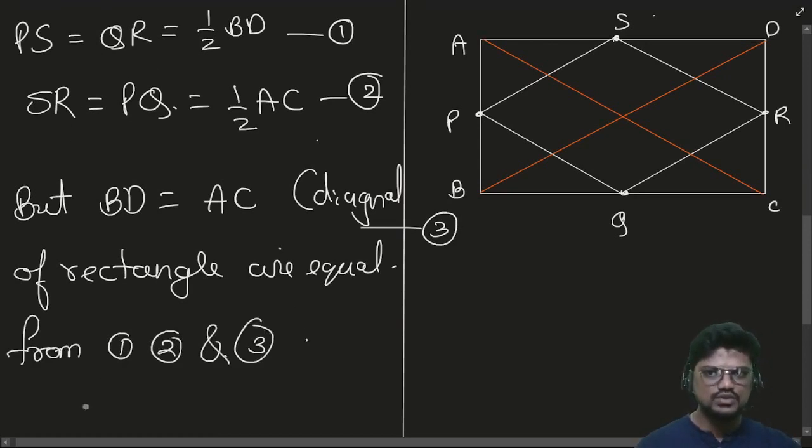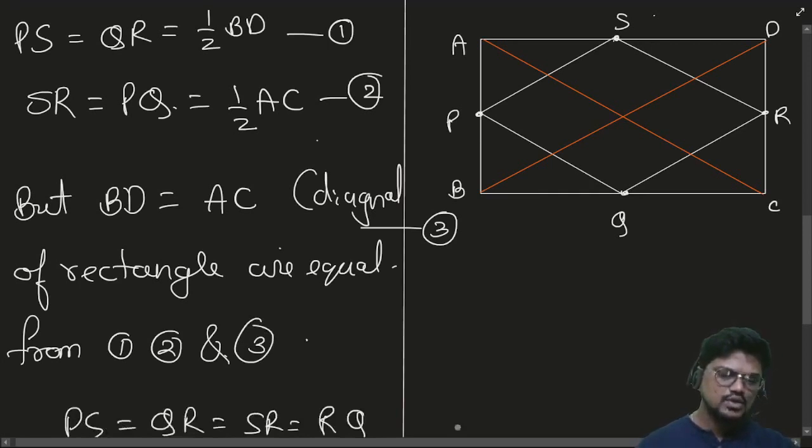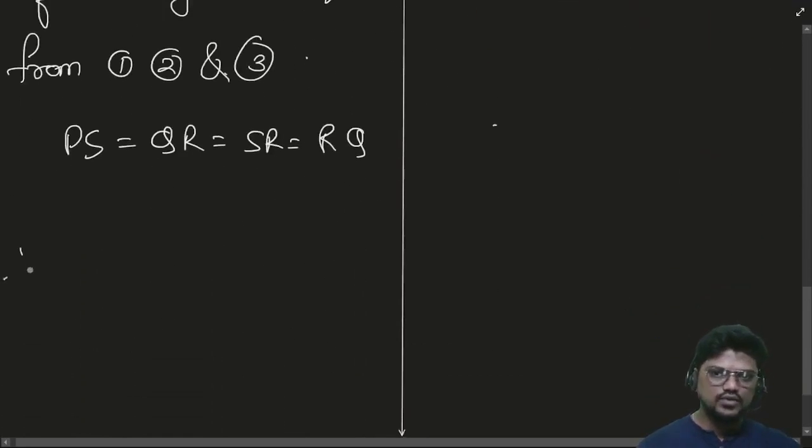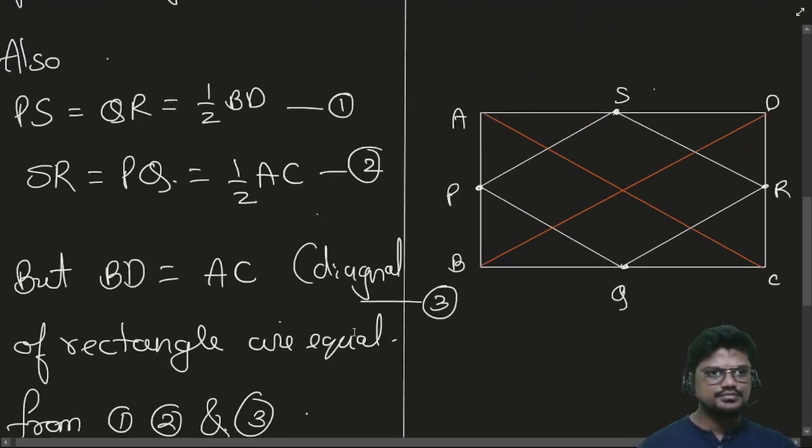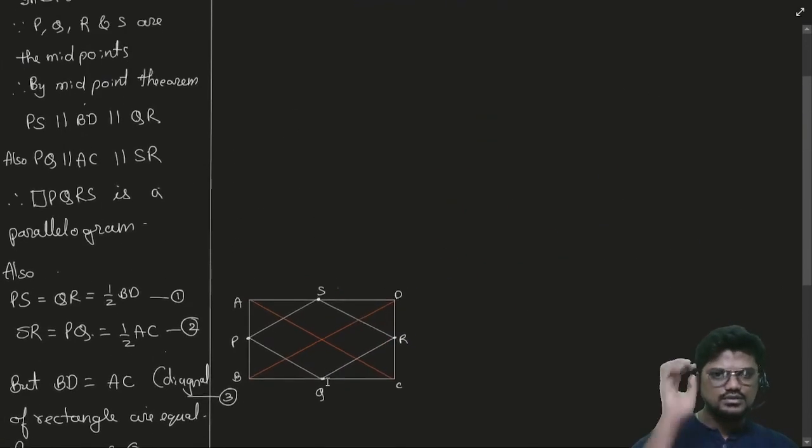PS is equal to QR is equal to SR is equal to PQ. So all the sides are equal. Therefore, quadrilateral PQRS is a rhombus. Got it? Is that clear to everyone?